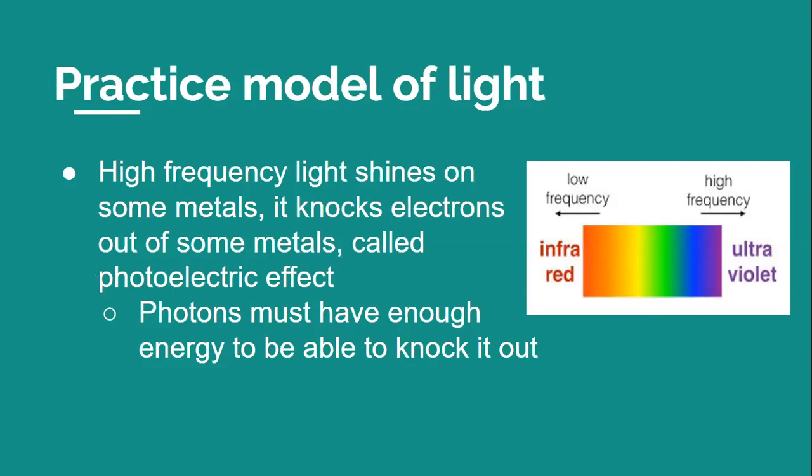Lower frequencies of light, such as red light, do not have enough energy to knock the electrons out. The photoelectric effect can be explained by thinking of light as a stream of tiny packets of energy instead of a specific wave. Each packet of light is going to be called a photon. For the effect to occur, though, each photon must contain enough energy to knock an electron free of the metal.